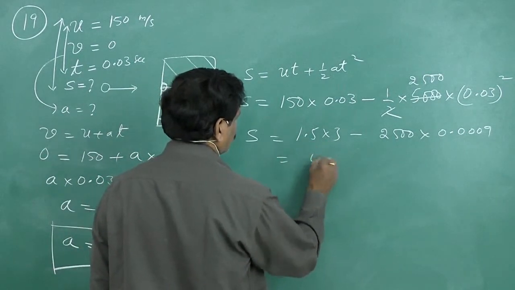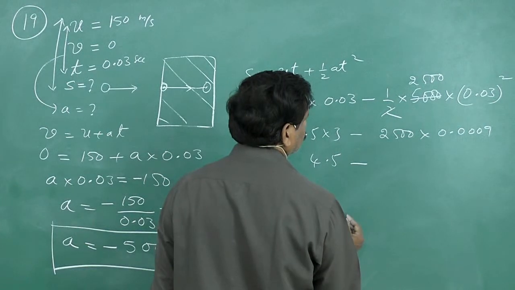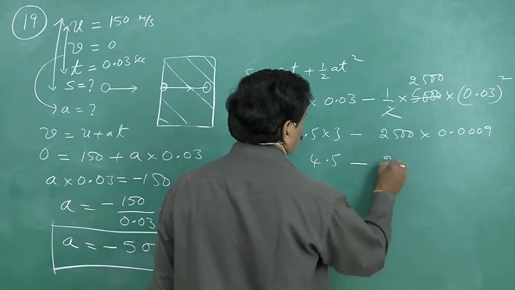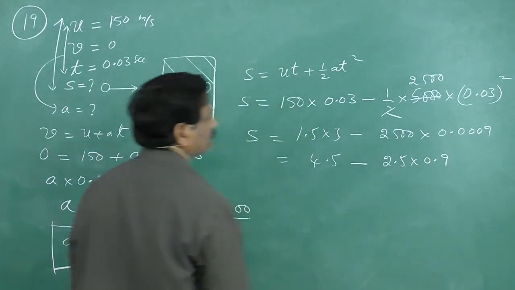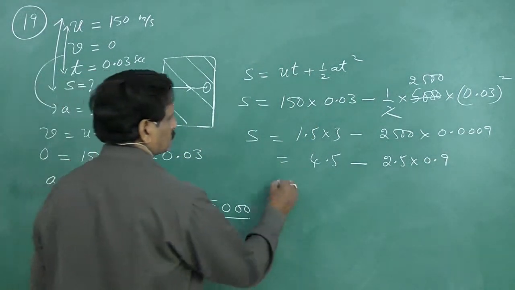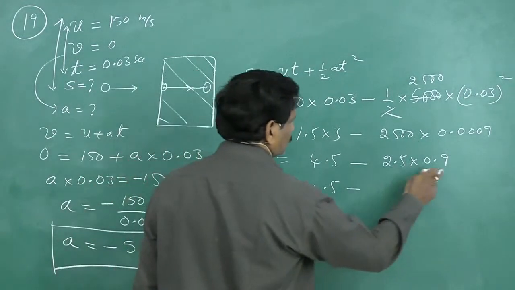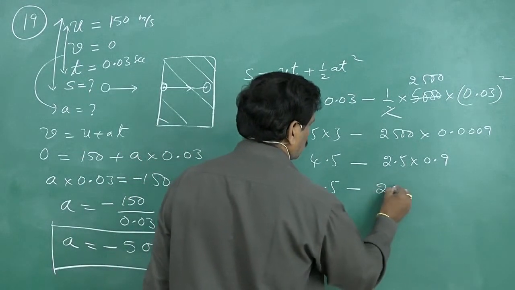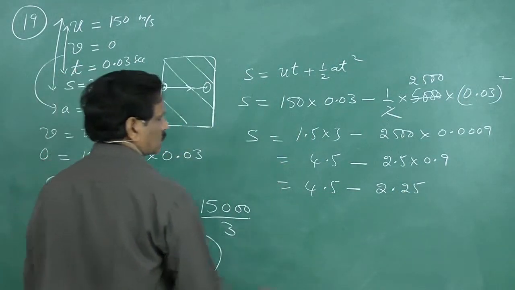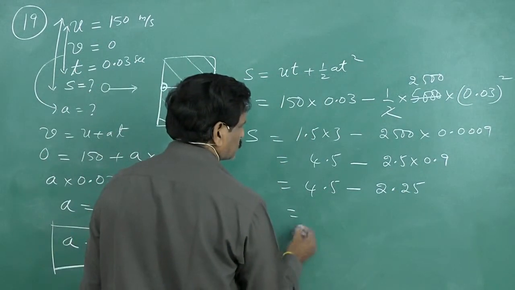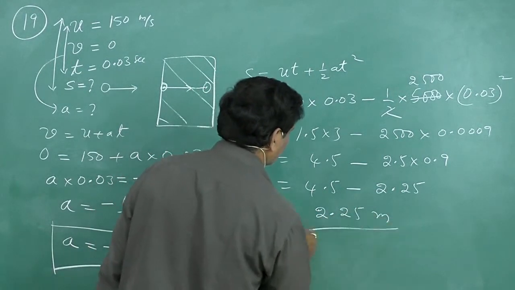So this is 4.5 minus 2.5 into simply 0.9. So 4.5 minus 2.25, so this is equal to 2.25 meter.